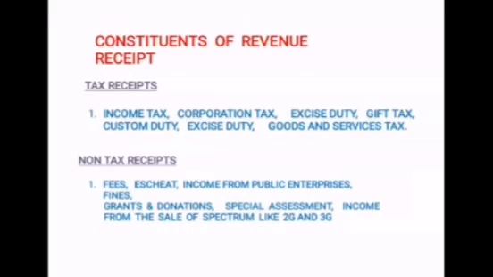Then there is another term called escheat. Escheat refers to the income or estate which arises from property left by people without a legal heir, meaning there is no claimant of such property.